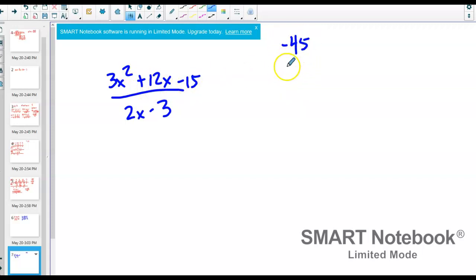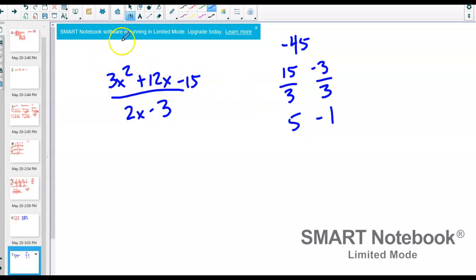I'm looking at two numbers that multiply to negative 45 and add to 12. So if I go 15 and negative 3, that'll work. I have to divide it by a, which gives me 5 and negative 1 for that as well, which I actually should just take out a greatest common factor first.